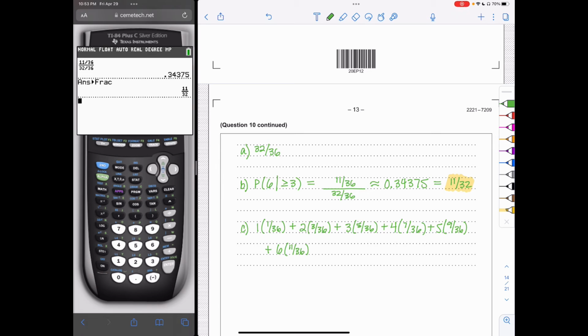All right. So when we put that in our calculator, make sure you are being careful.